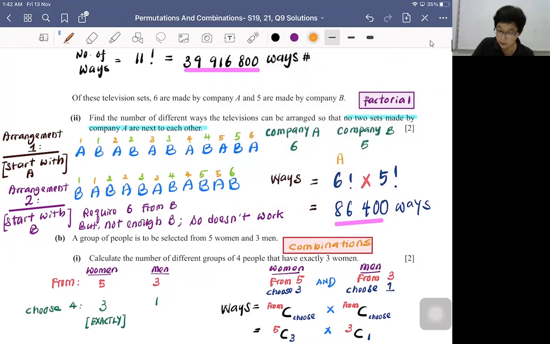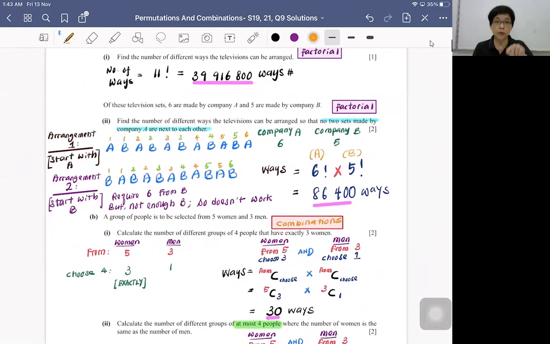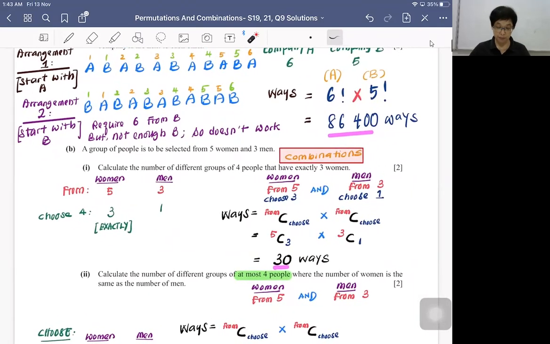Yes, this is the 6 factorial of all the televisions of company A, and then the 5 factorial is the juggling around of the 5 televisions of company B, and with the calculator again, it concludes the correct answer that you have: 86,400 ways. Well done. Let's move on to part B.